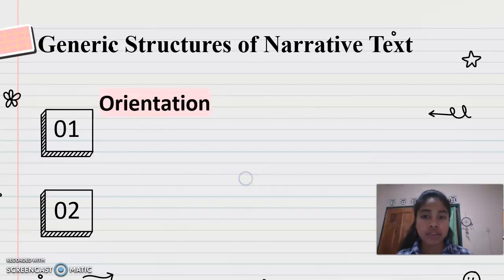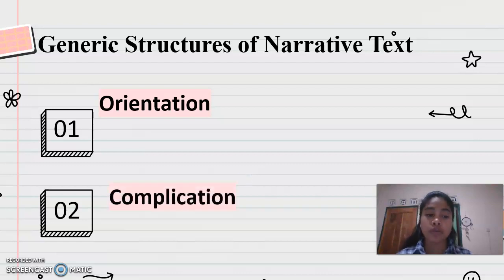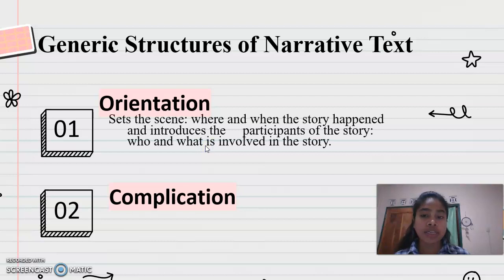The first is orientation, second is complication. In orientation is set the scene, where and when the story happened, and introduce the participant of the story.